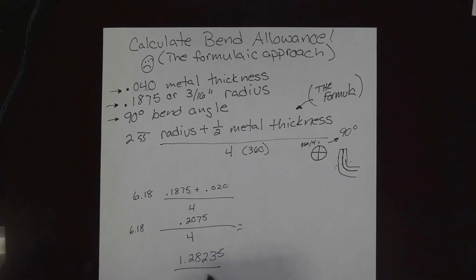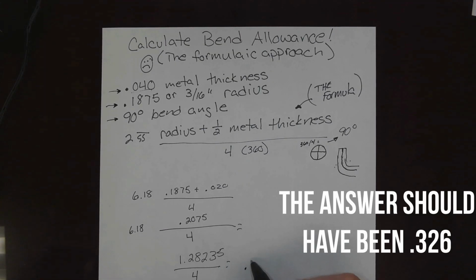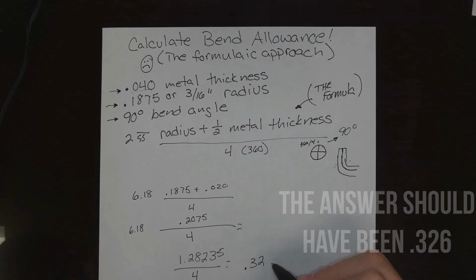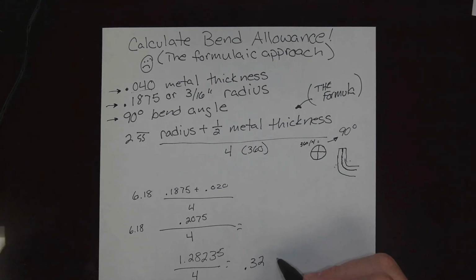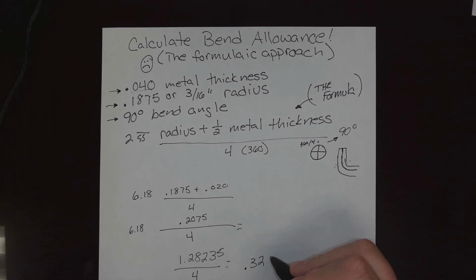1.28235 divided by 4, and that equals 0.3205875. I'm going to round this one at the third digit. We're going to call that 0.321 inches.